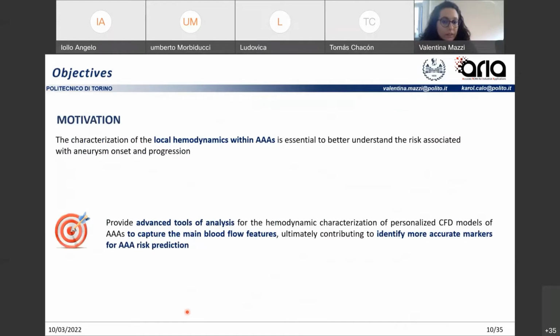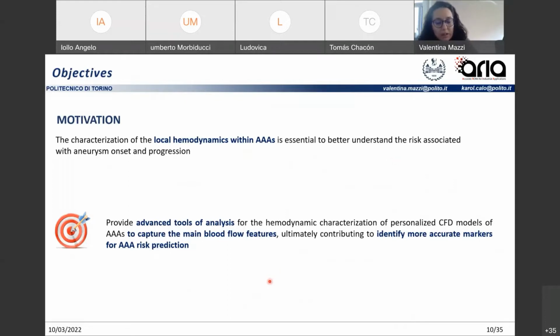So, the study that we present was motivated by the need to characterize local hemodynamics in abdominal aortic aneurysms in order to better understand the risk associated with the aneurysm onset and progression.